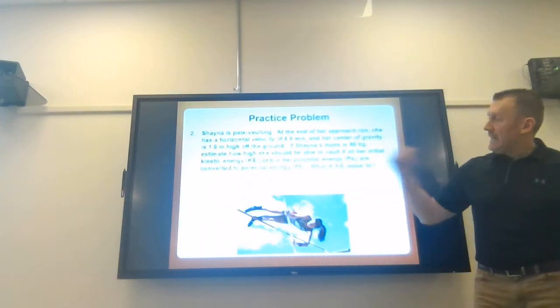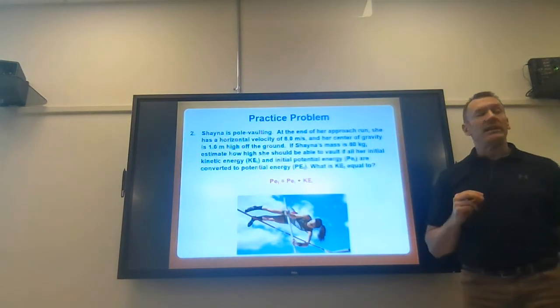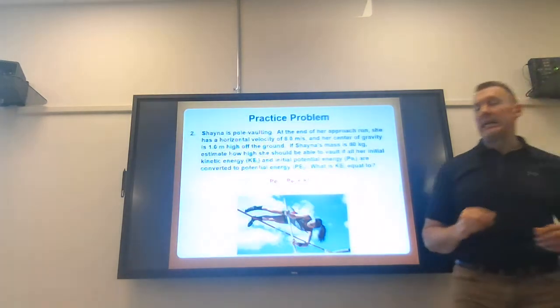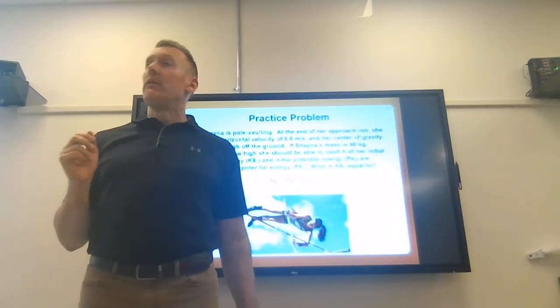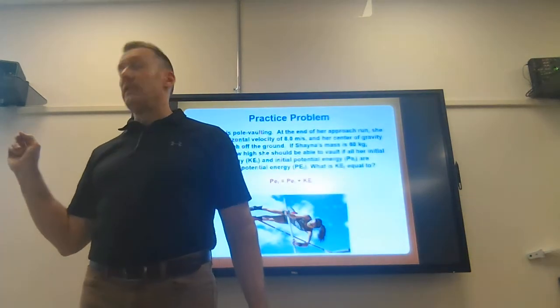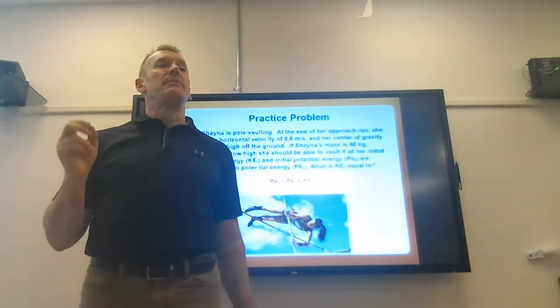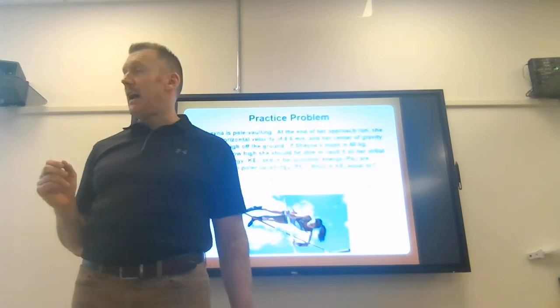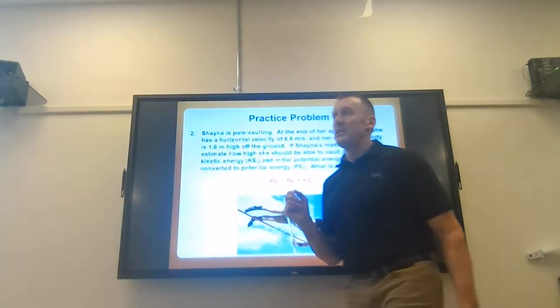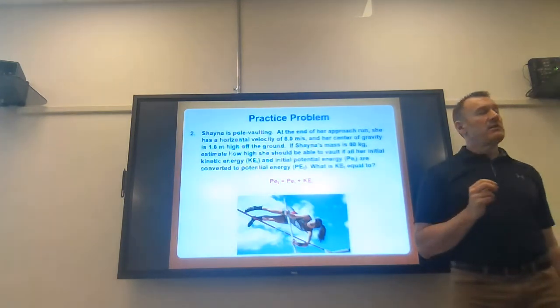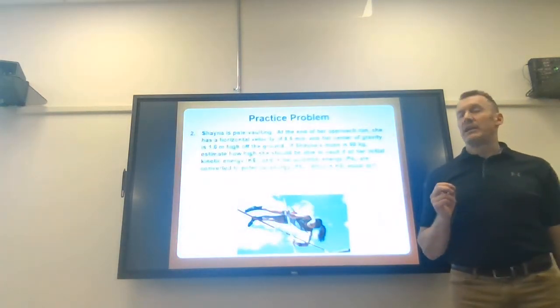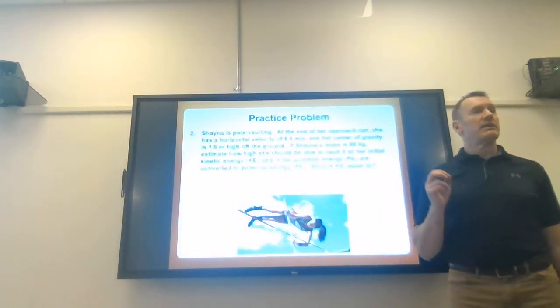Okay, so then we're adding that to initial kinetic energy. What's the formula for kinetic energy? 1/2, good. So 1/2 mass times velocity squared. So 1/2, 60 kilograms times 8 meters per second squared. Don't forget to square that.